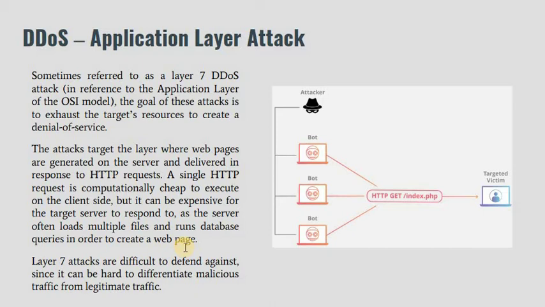So though it seems very simple that we are requesting a page and the server is responding with the required page, sometimes a lot of computation has to be done at the server end to generate that page, because that web page may contain various information from the database, and then some query language has to be run in order to fetch the information from the database and put it in the web page, right?